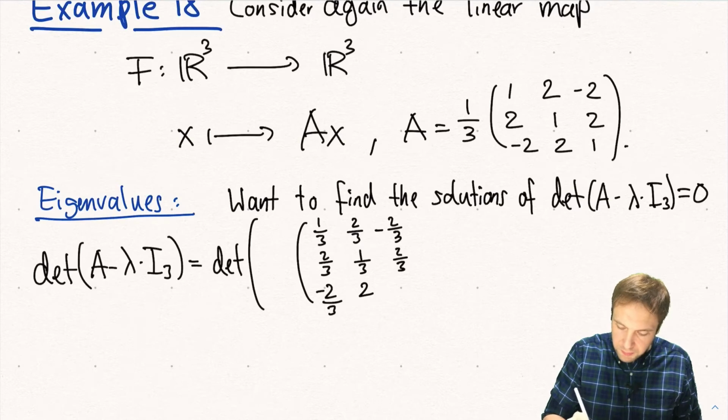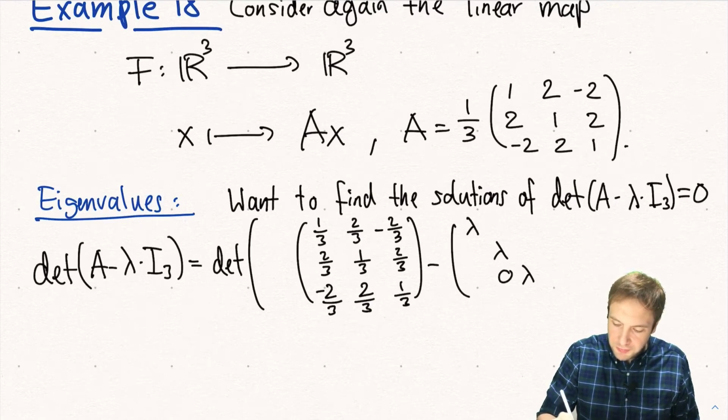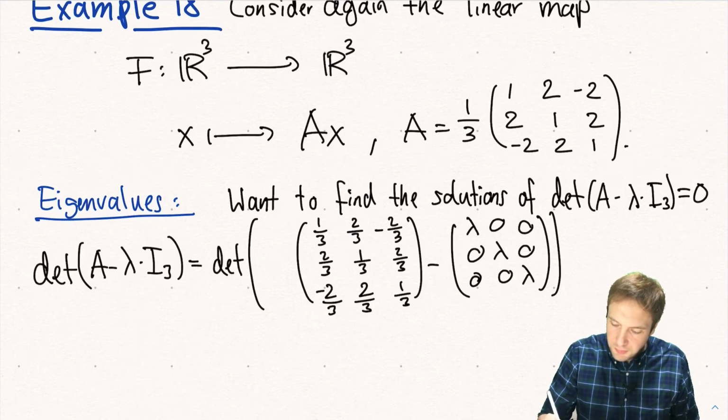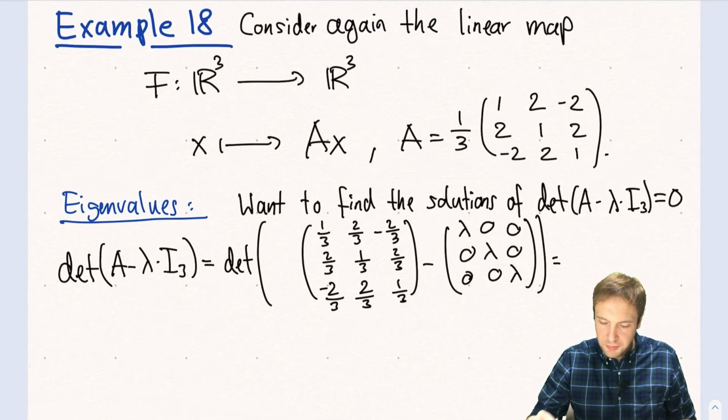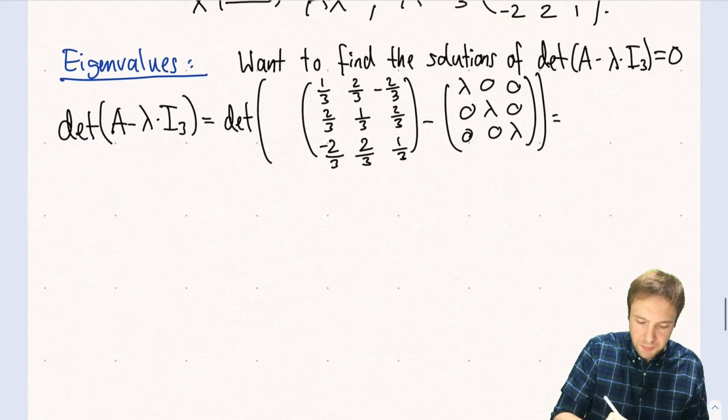Oops, thirds. And I subtract lambda times the identity, meaning I have lambdas on the diagonal and 0 elsewhere. So, well, what is this?